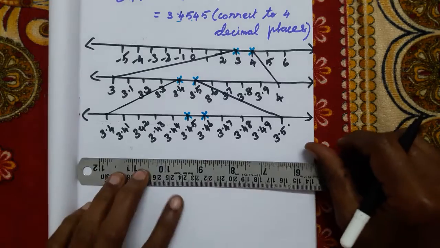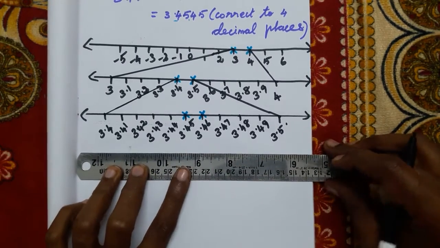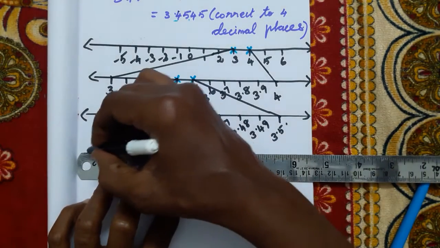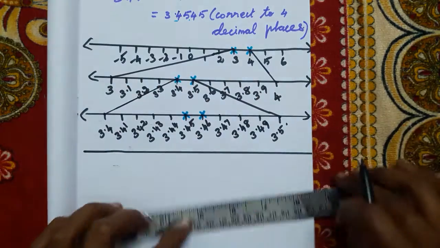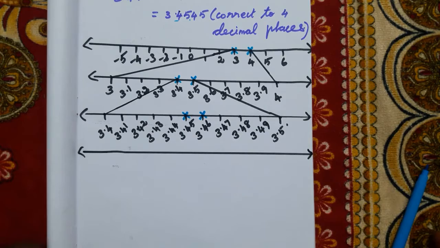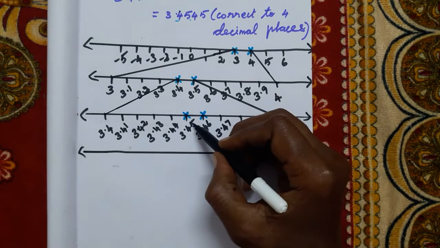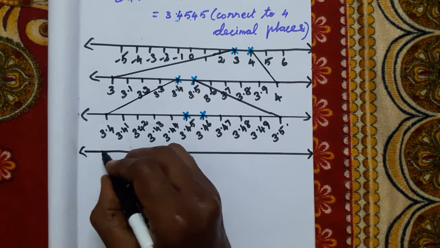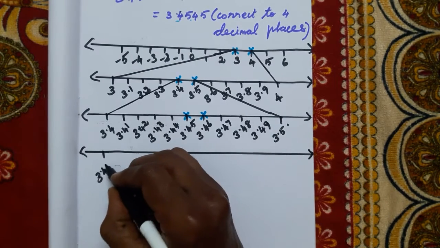Next, again we have to draw a number line. What did we mark here? We marked 3.45. Start from 3.45.